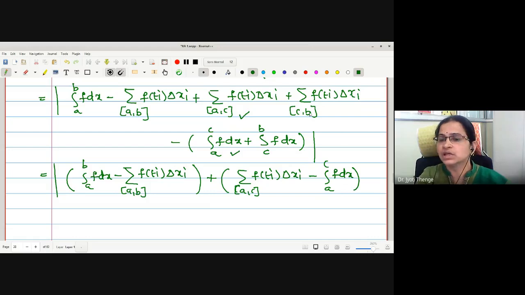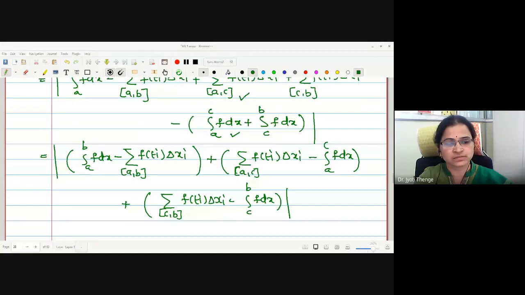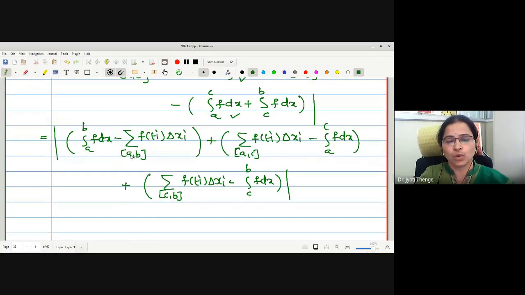The summation on CB and integration on CB we will put in one bracket. This is summation on closed interval CB f of ti delta xi minus integration c to b f dx. Any doubt up to this? Are these steps clear for everyone? Yes, ma'am. Good.